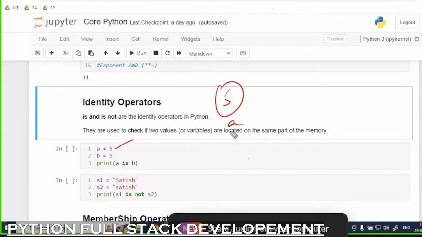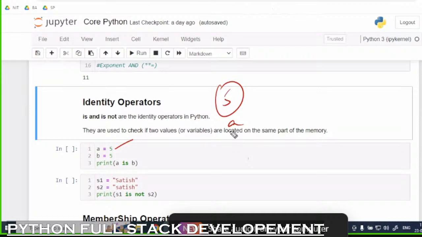For the same 5 object, one more name is B. Now it is going to ask A is B, meaning both are indicating the same object. That is, ID of A is equal to ID of B. Since both are indicating the same object, the output is true. So identity operators check whether both of them are the same or not. That is called identity operators.